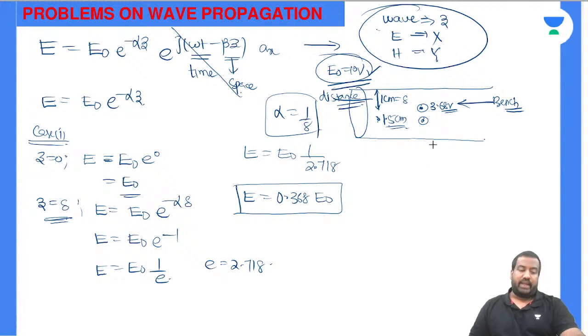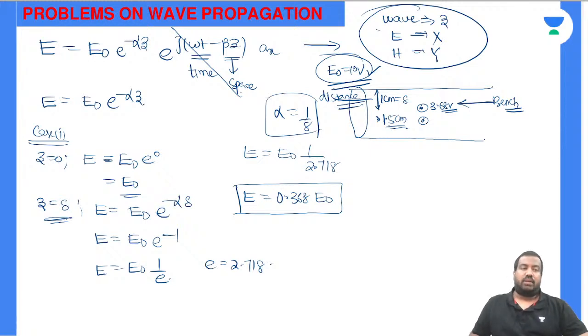Can anyone tell me who will tell you the change of amplitude of the signal with the time? The change of amplitude of the signal with respect to distance is given by penetration depth.